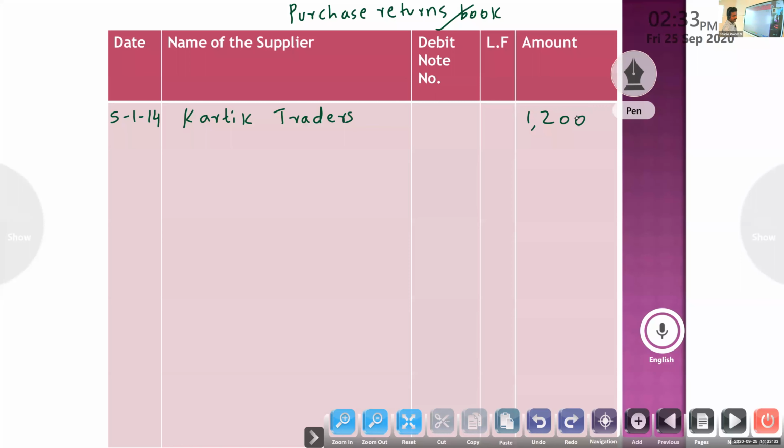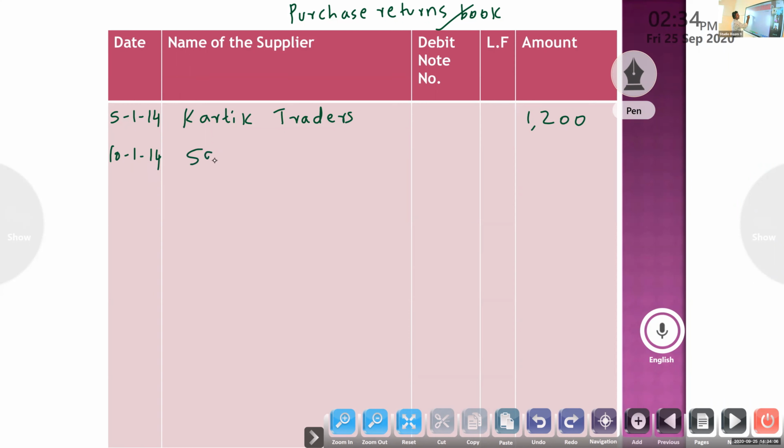Okay, question number 15. So first, 5/1/14, Karthik Traders, 1,200. Textbook, 15th one, prepare purchase return book. Next, 10th date, 10/1/14. Goods returned to Sahil.